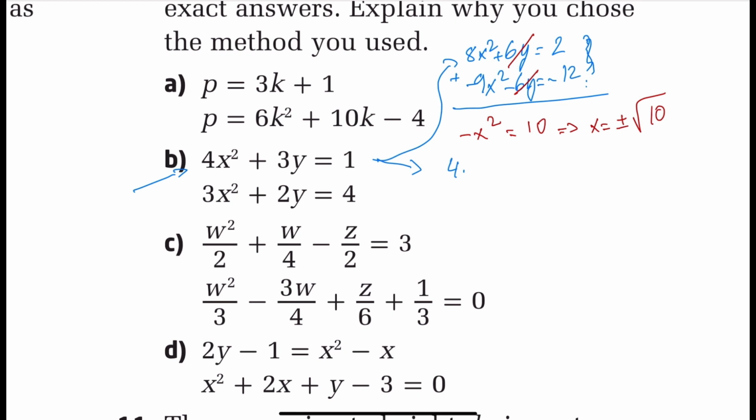So 4 times square root of 10 squared plus 3y is equal to 1. That means 4 times 10 plus 3y is equal to 1. That means 3y is equal to minus 39. y is equal to minus 39 over 3.